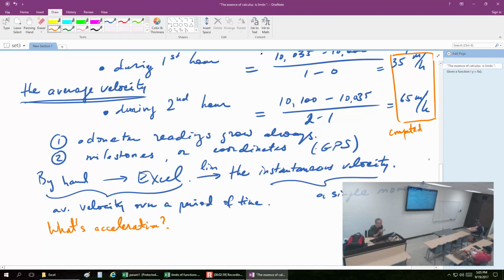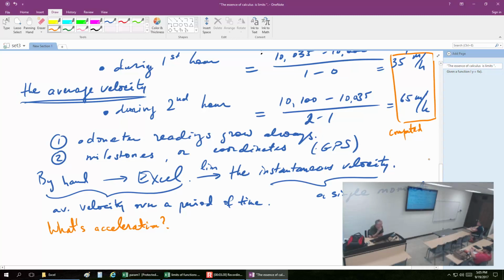First of all, how do you understand acceleration, if you have an idea? What's the meaning of acceleration? Distance over time squared? No, not that simple.